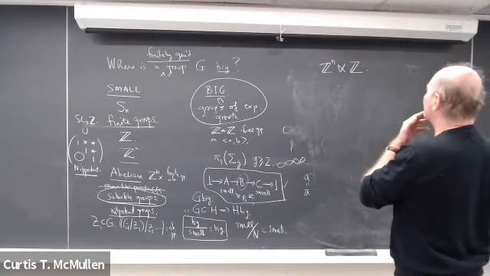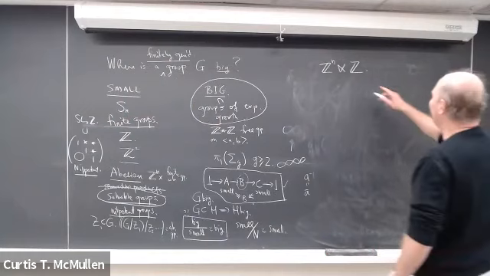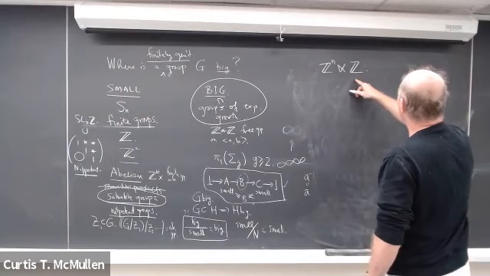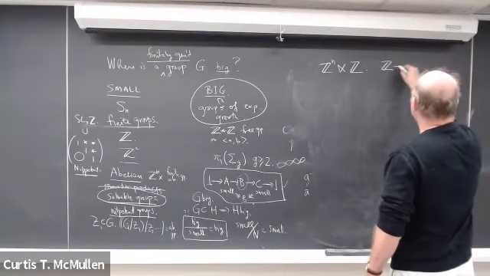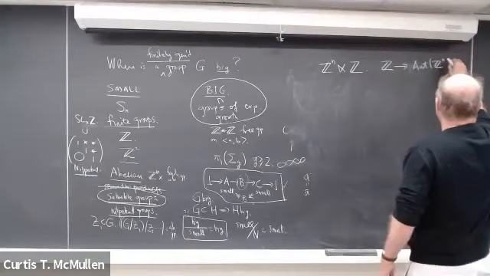And by the way, I never know which way this sign is supposed to go, so maybe somebody can tell me. The way this semi-direct product works is we take a map from Z into the automorphisms of Z^n.